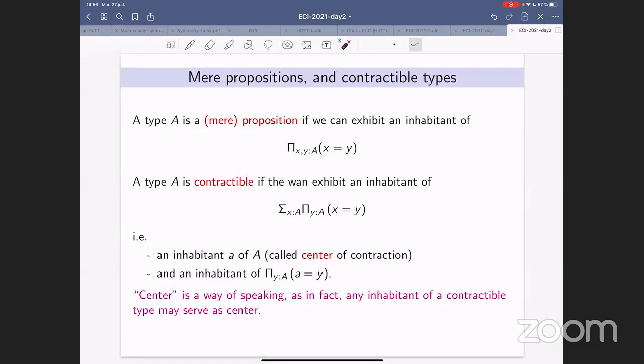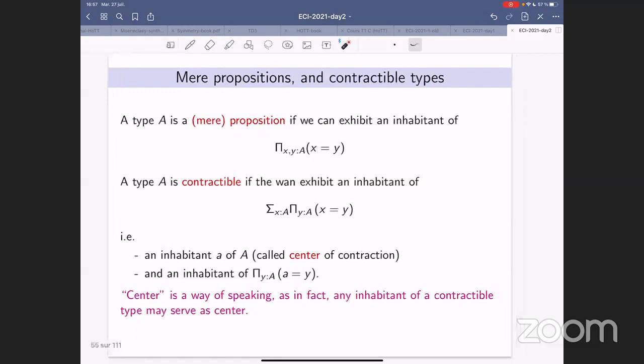So I will say that a type is a proposition, and sometimes one insists on saying that it is a mere proposition, mere in the sense that it's not more than a proposition, but if I just say proposition, it should be enough. So I say that a type is a proposition if the following type is inhabited.